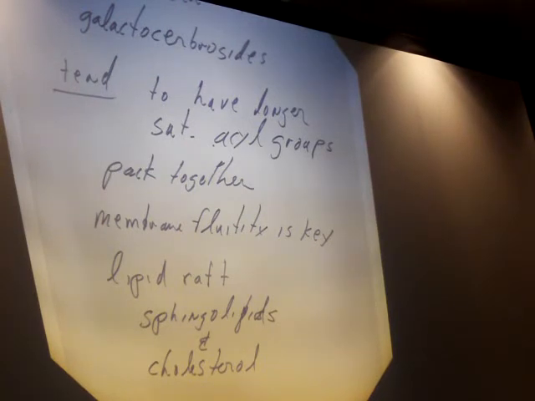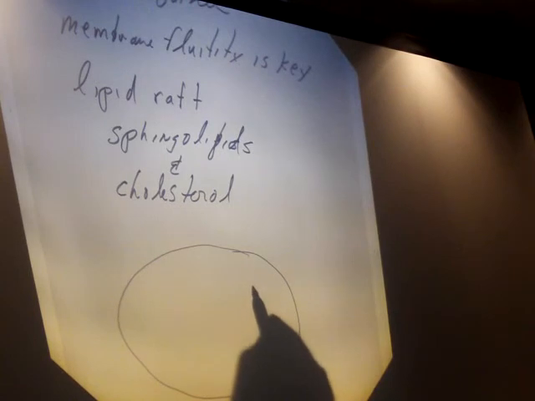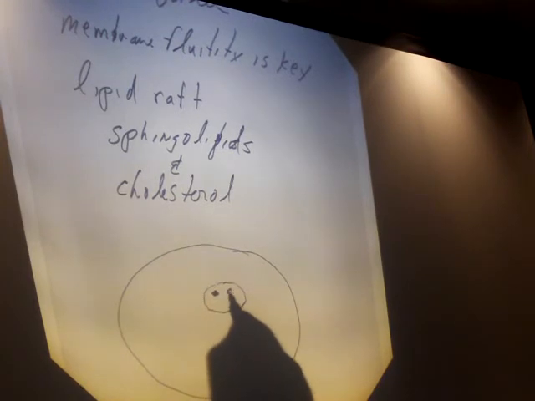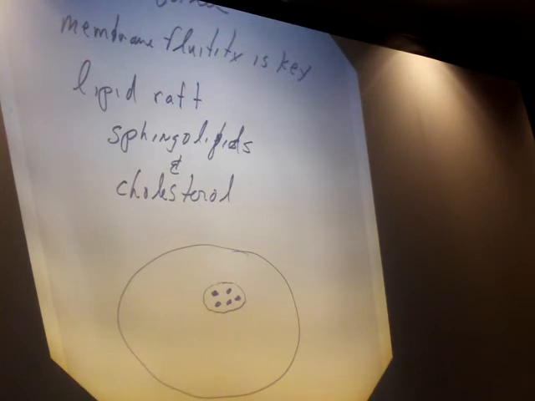And so what these lipid rafts are is, if you're looking down at a membrane, you might find patches, and these patches tend to have some very interesting proteins on them. Like, for example, the epidermal growth factor receptor and other receptors that have tyrosine kinase activity.